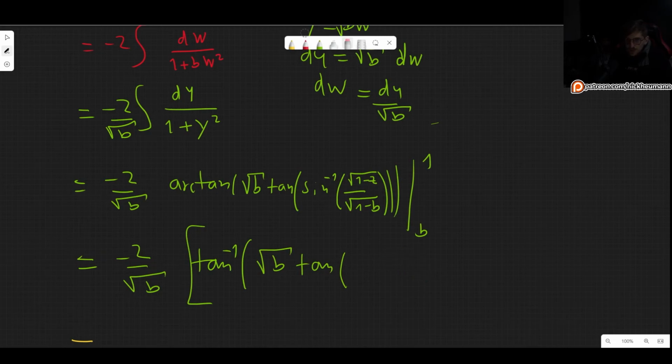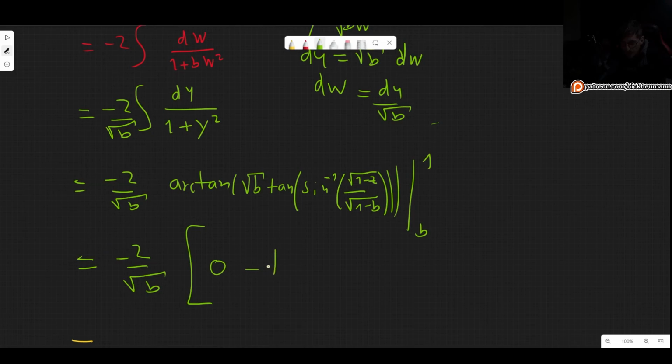So then we have the tangent of 0, and since tangent is sine over cosine, this is also 0. So we end up with the arctan of 0, which is of course also 0. So this entire first part is simply 0.